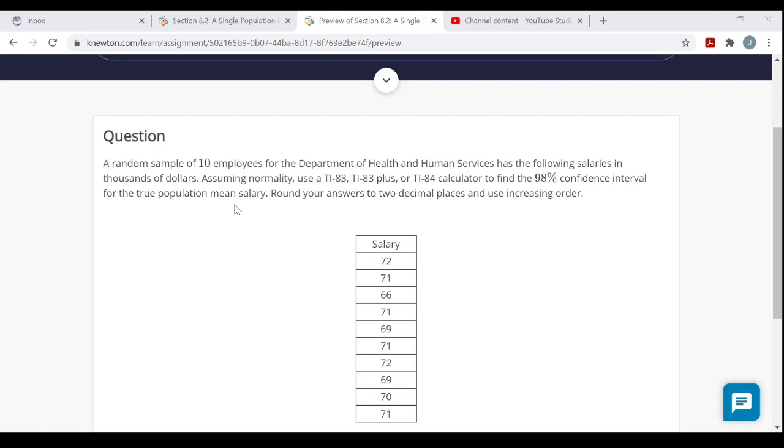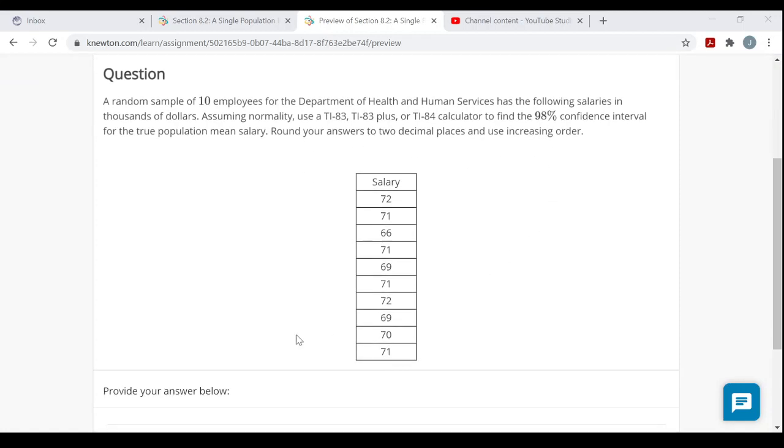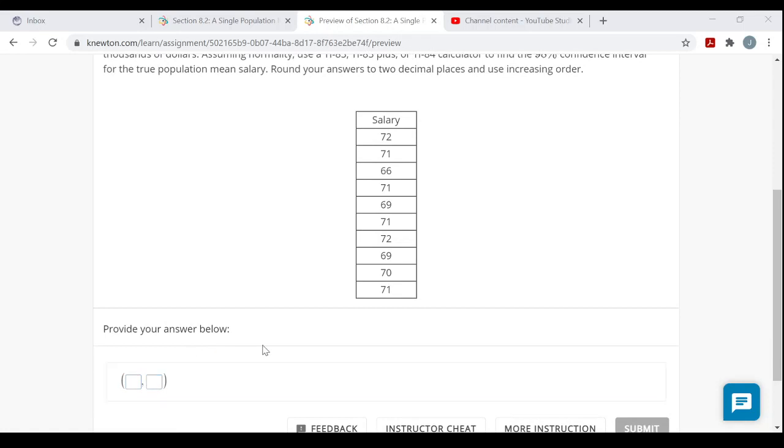We're trying to get a confidence interval for the mean of the whole population of all the employees at the Department of Health and Human Services, their average salary. Round your answers to 2 decimal places and use increasing order: the low value first, then the high value second.